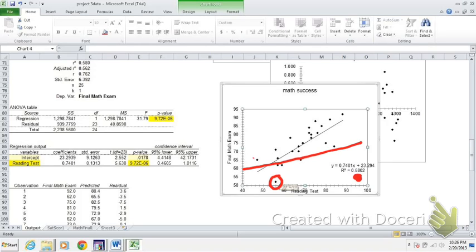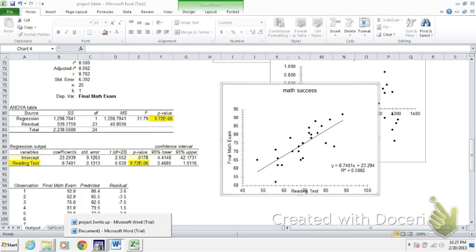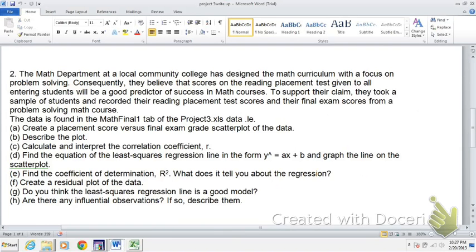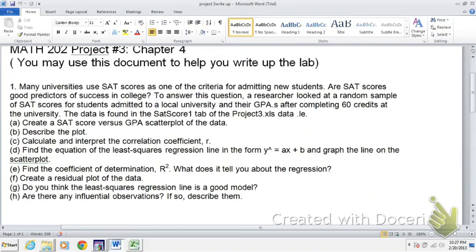So a point out here basically would be influential, but I don't really see any here. Okay? Let's make sure we have everything we needed. I'll go back to the write-up. And I believe that's just a 2-problem lab. So good luck on that one. I think that should go well for you.